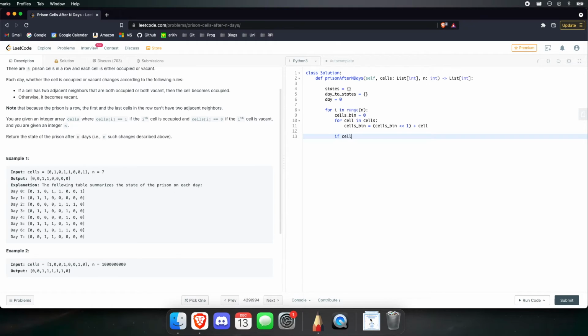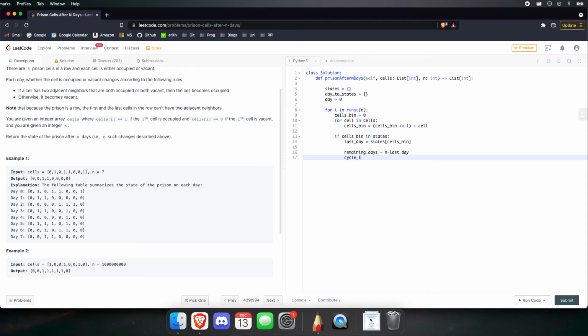Now, if we've seen this before, what do we want to do? Well, we want to get the day that we saw this prison state, and that's going to be inside of our hash map called states. So let's retrieve it. Now we want to do that arithmetic. So let's call it remaining days. That's going to be equal to n minus last day.